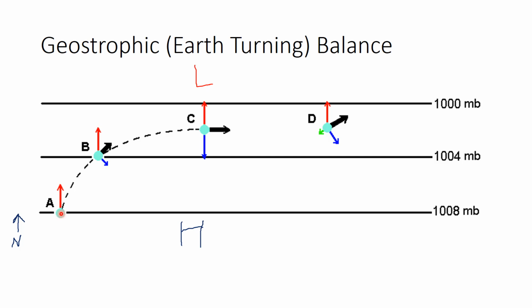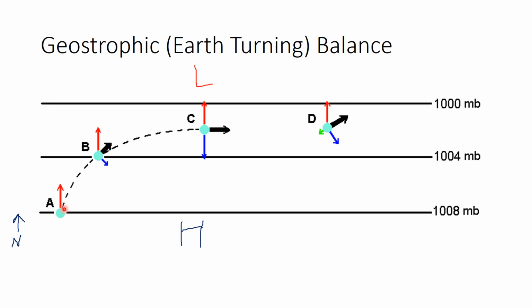Well, here's what happens. Suppose I let go of this parcel of air. Because of the pressure gradient force, and because there is this striving for equilibrium in the natural system, the particle of air will begin to accelerate towards lower pressure.